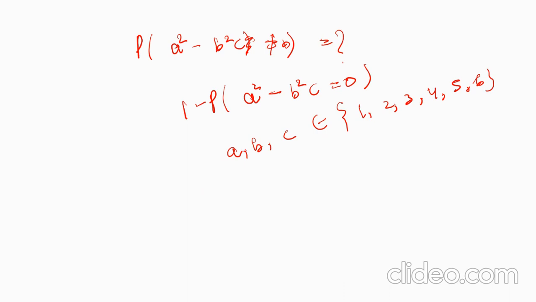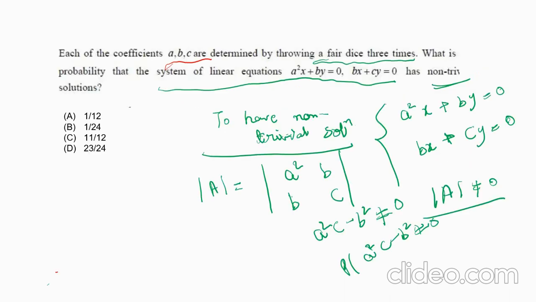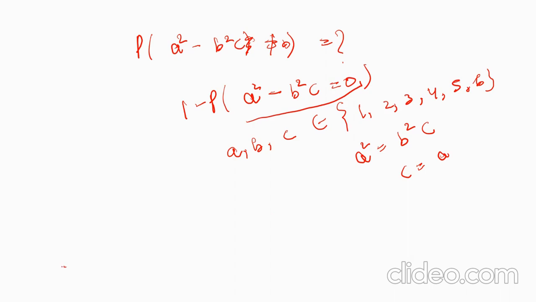Now, to find the probability of this, we will see what sets are lying here. So a square c is equal to b square. Okay, it's a square c minus b square, sorry.